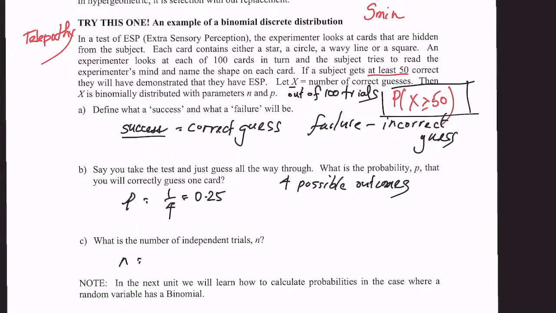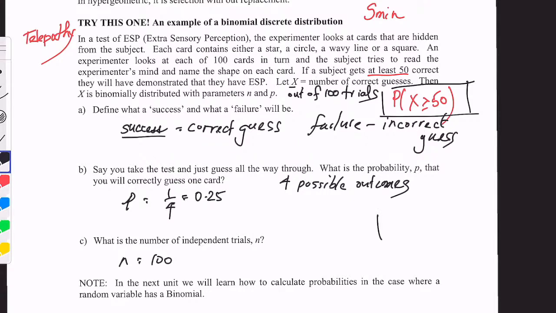Right. Thank you. So back to this. N, what's the number of independent trials? We're going to try this 100 times. So it is a binomial setup.